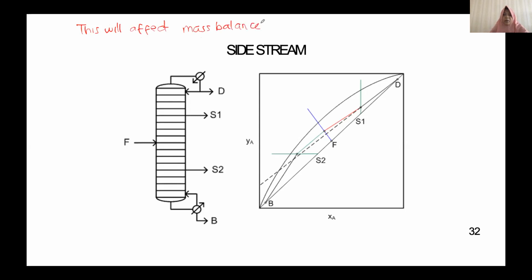The mass balance will change the value of L, V, L dash, V dash, or L dash dash, V dash dash. So it is going to change the value of the liquid or the vapor.